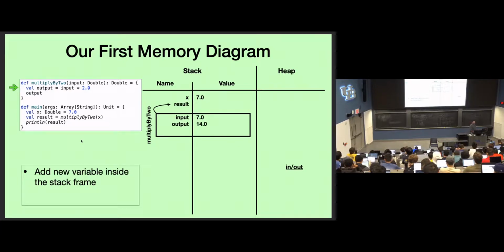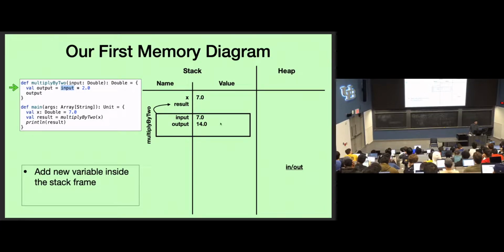And now we want to do the same thing again. Okay, we have to look up what input is so we can multiply it by 2. Now I can look at the code and be like, okay, input was the parameter which was called over here. I'm at this call, which it got x, and it looks like x was 7. I can trace through my code and figure out what that value is, or I can do none of that and say input, and this is what the JVM, Scala, is actually going to do.